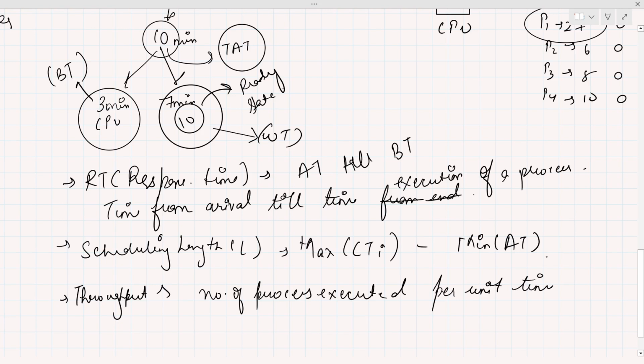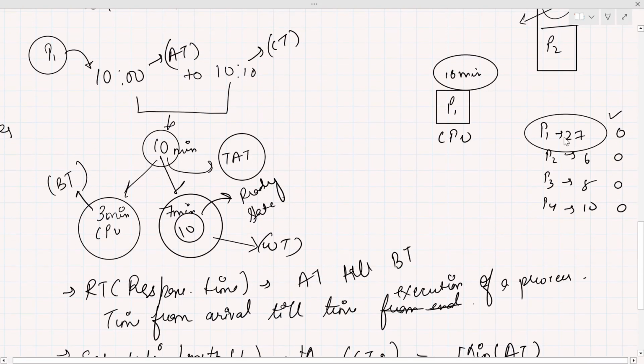And what is the main motive of CPU scheduling? To get maximum throughput, so that the CPU executes many processes. In this case, the CPU should execute P1, P2, P3, P4. Every process should be executed by the CPU.